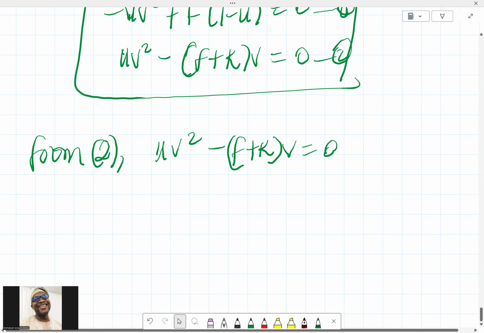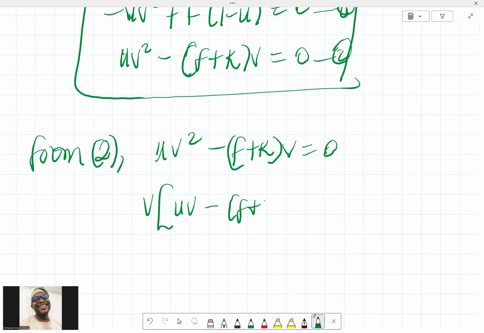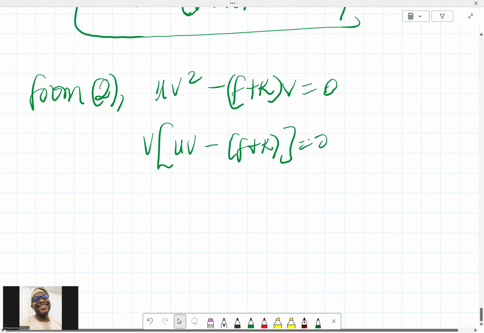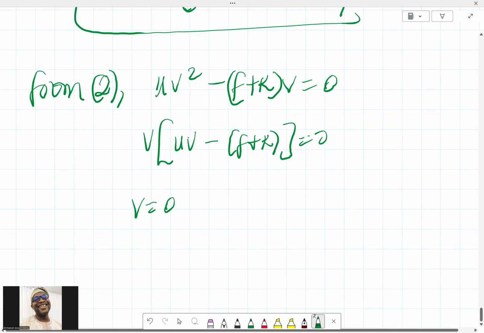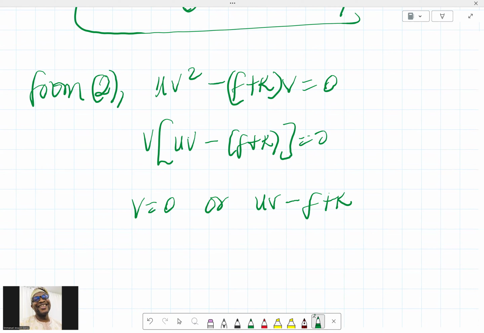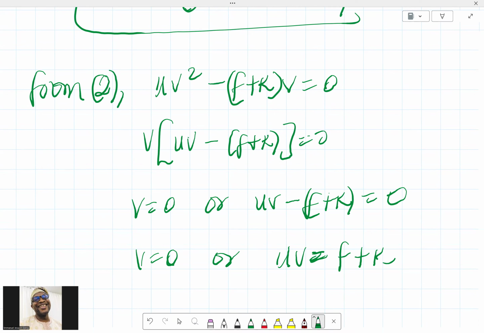So we can factorize v. So we have v into uv minus f plus k equals 0. So the v here is outside. So here we see already that v is equal to 0, or uv minus f plus k is equal to 0. Okay, so that means that v is 0, or uv is f plus k, like that.